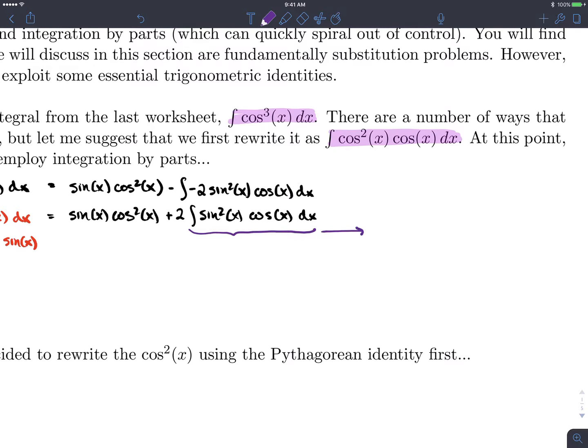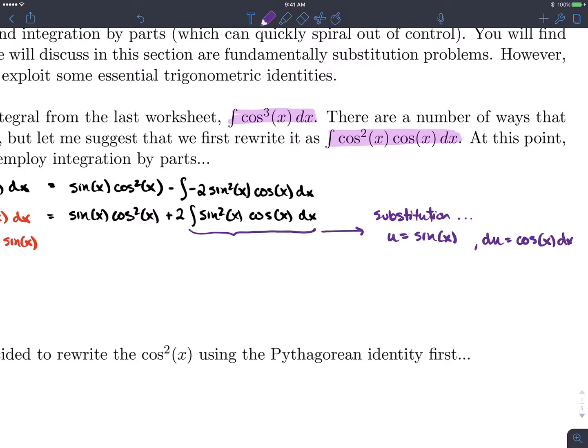If we were to do a substitution here instead of integration by parts, we would choose our u as sine of x, and our du would end up being cosine of x dx.